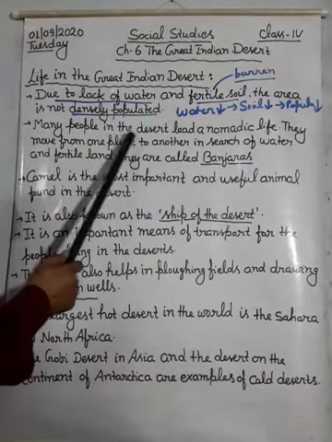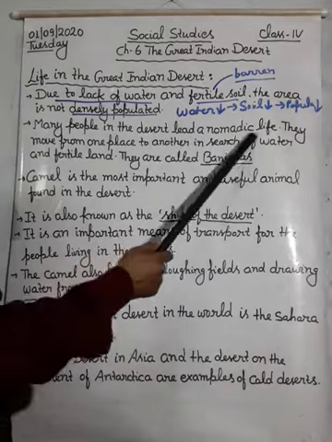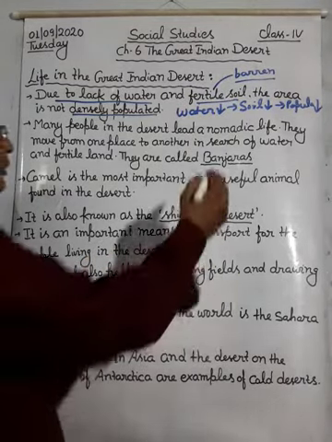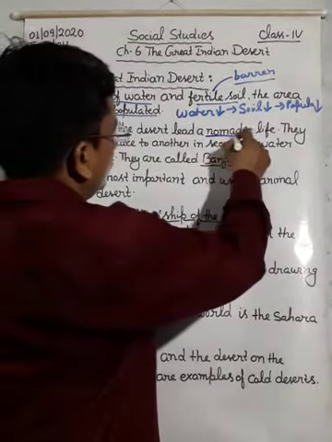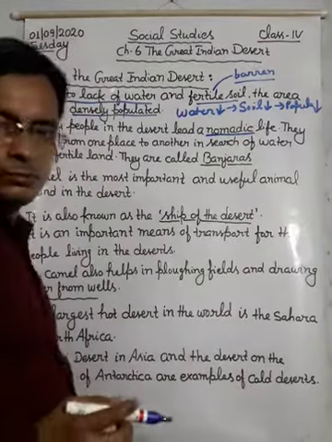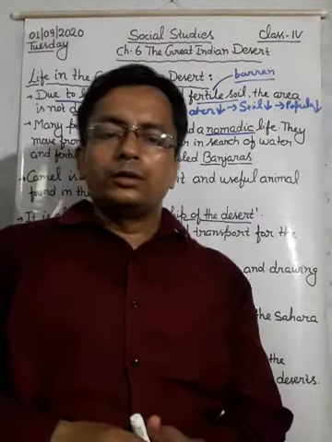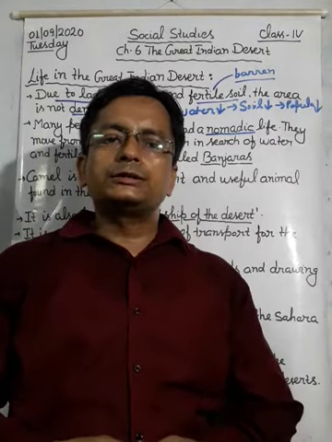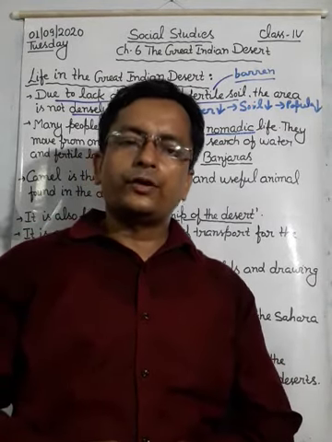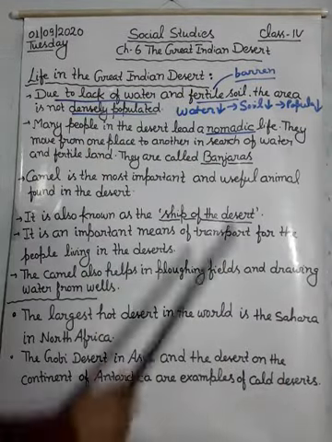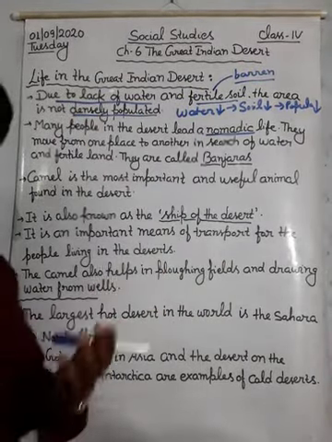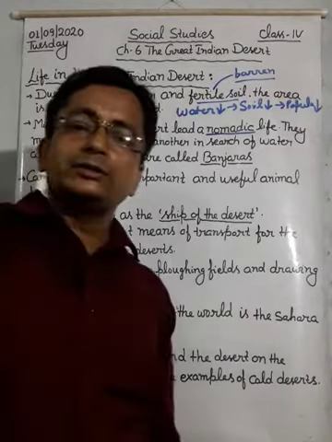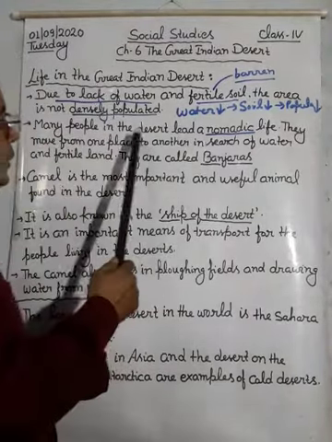Many people in the desert lead a nomadic life. Nomadic means the people who move from one place to another in search of food and fodder. So it is called nomadic life. The other name is Banjara people.